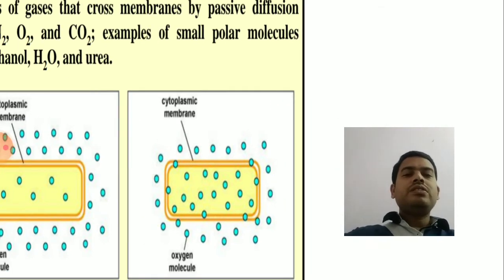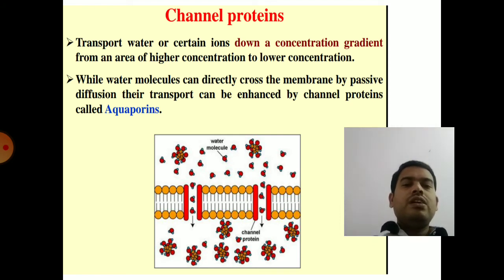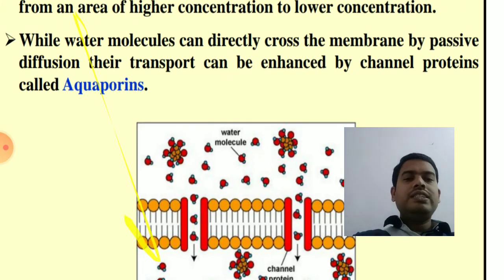Sometimes simple diffusion is carried out through channel proteins. Gases diffuse through the plasma membrane. Some molecules like water and urea are transported with the help of channel proteins, and these channel proteins are called aquaporins.